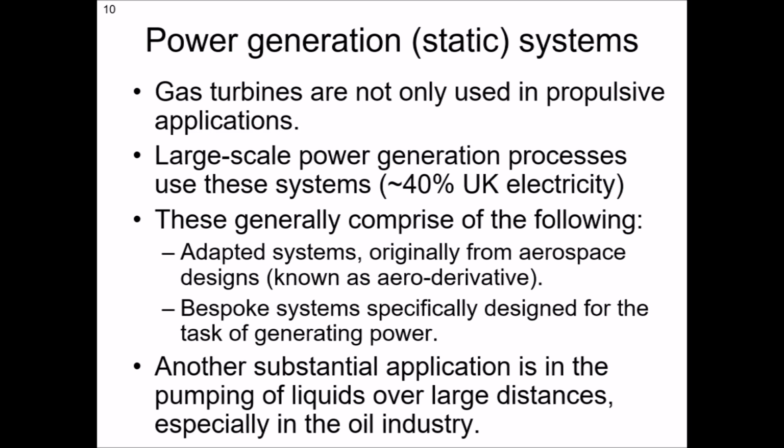So the static generating systems came from one of two origins. The first were systems which were adapted. So originally gas turbines were there just for jet engine propulsion transport applications. And the engineers that were looking for possibly generating electricity from them said, well, why don't we take the existing designs that work?